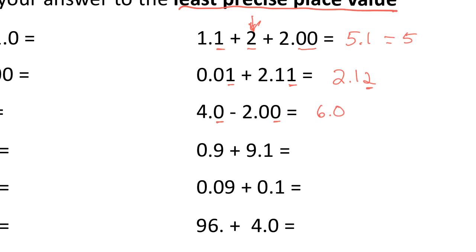Let's do the next one. We have 1 decimal place, we have 1 decimal place, but when we add it together, we get 0.9 plus 9.1, and that gives you 10. But we need to have 1 decimal place, so this is going to become 10.0.